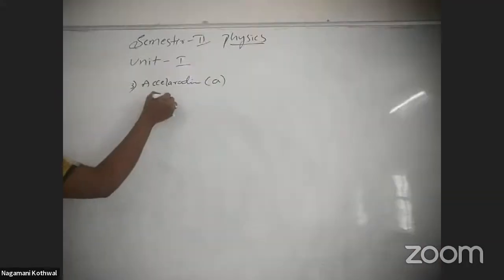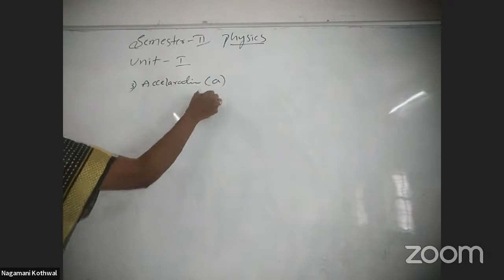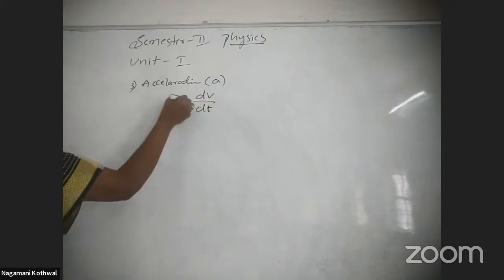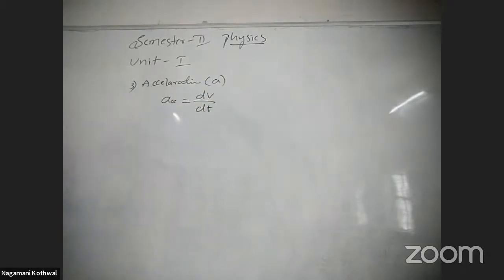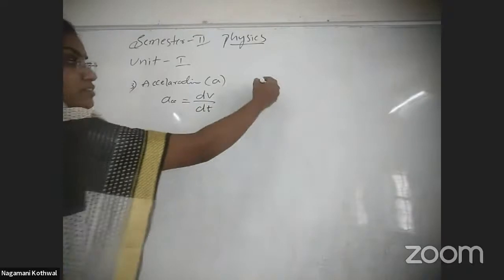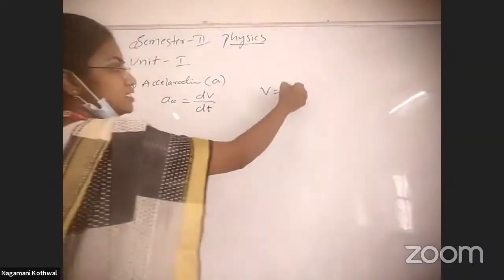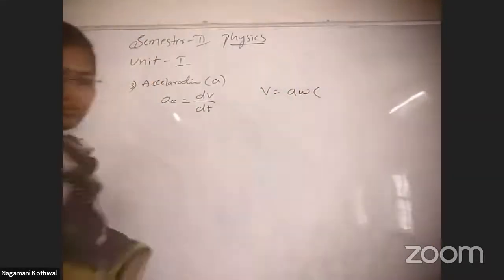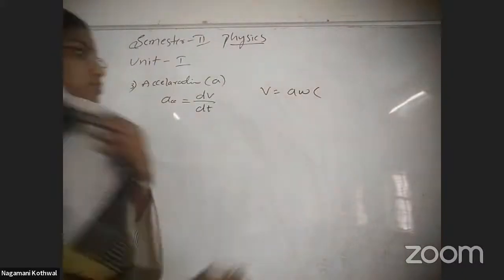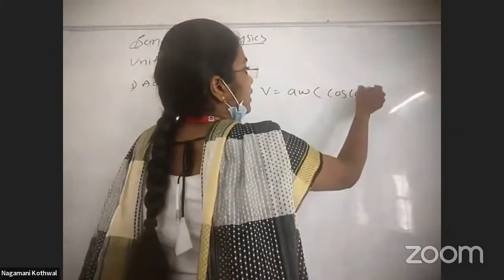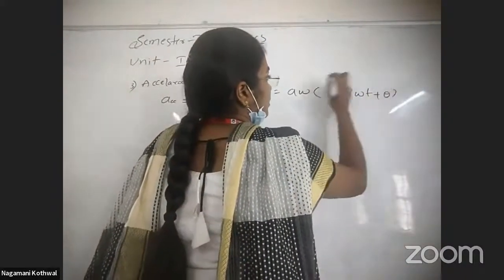Acceleration. Generally, what is acceleration? The change in the velocity. dv by dt is equals to acceleration. Right. Next, we got the equation for the velocity just before, that is a omega into cos omega t plus theta.